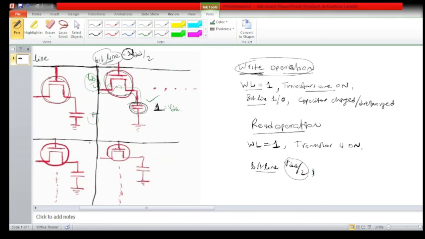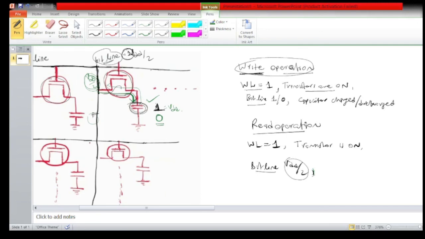So by using this sense amplifier, we can say that the capacitor is charged, or the state is 1. Now consider the capacitor is having state 0, or the capacitor is not fully charged, or the charge is minimum. Then the state is 0. Then what will happen? From the VDD by 2 portion the charge will flow to the capacitor, and the capacitor starts charging, so that the VDD by 2 potential decreases.